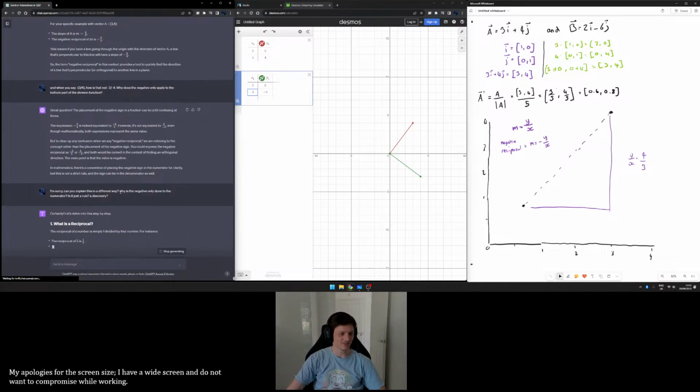Let's delve into it step by step. What is a reciprocal? The reciprocal of a number is simply 1 divided by that number.